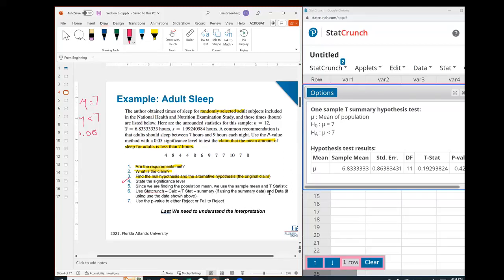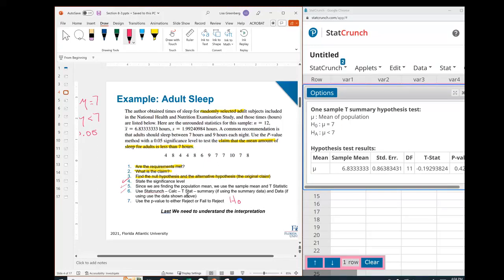We did that. We actually did 5, 6, and now we're on 7. So use the p-value to either reject or fail to reject. And what we're rejecting or failing to reject is our null hypothesis.